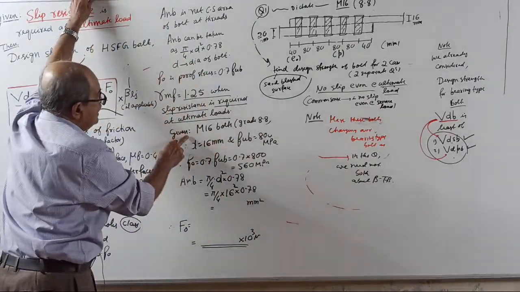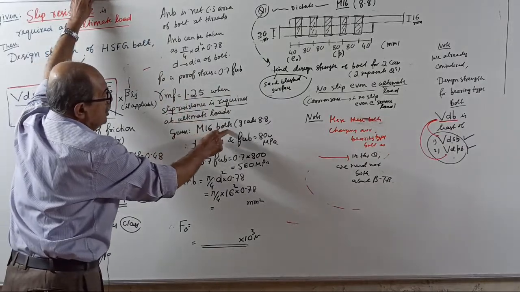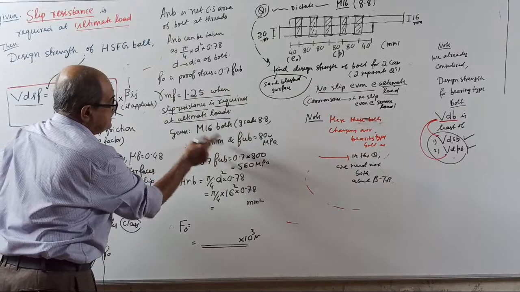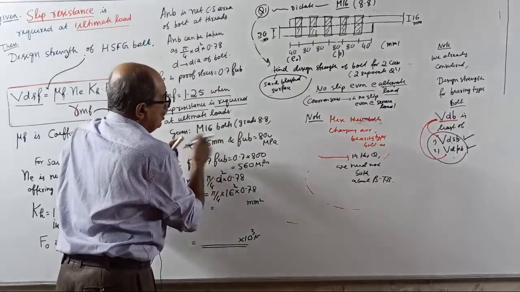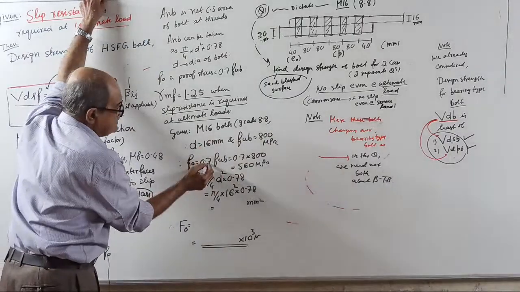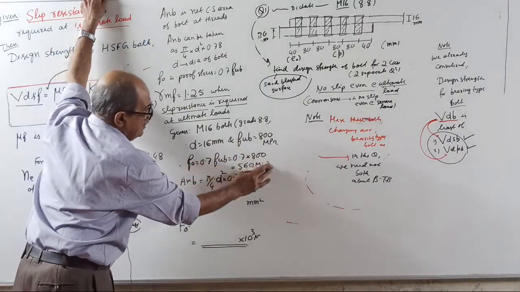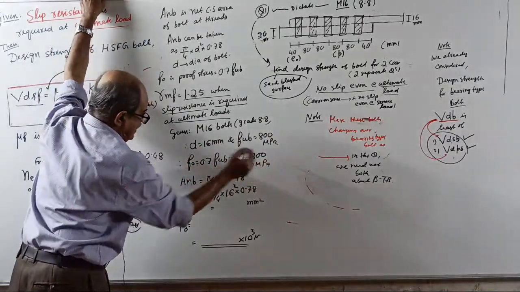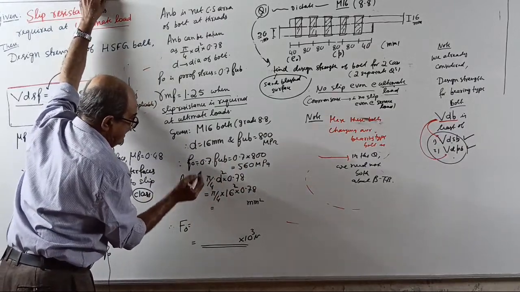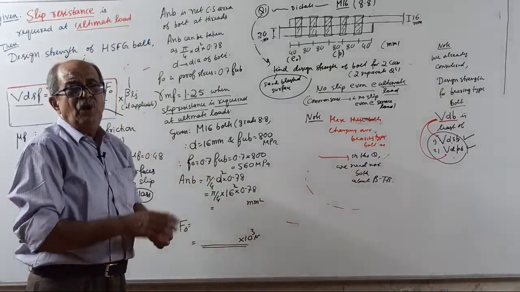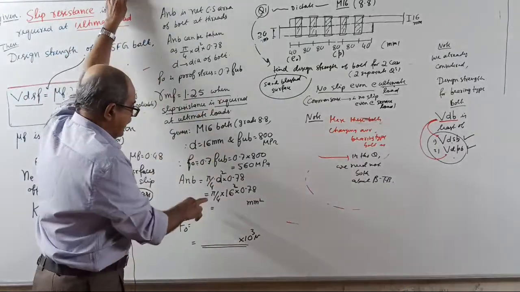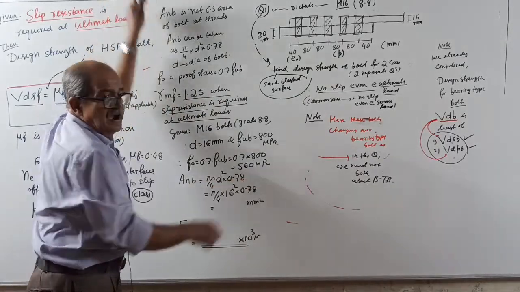Now write, given M16 bolt, grade 8.8, diameter of bolt is 16, fub equal to 800. So f0 equal to 0.7 into 800 is 560 MPa. Net area through thread equal to pi by 4 of diameter square into 0.78. You know this. Pi by 4 of 16 square into 0.78.